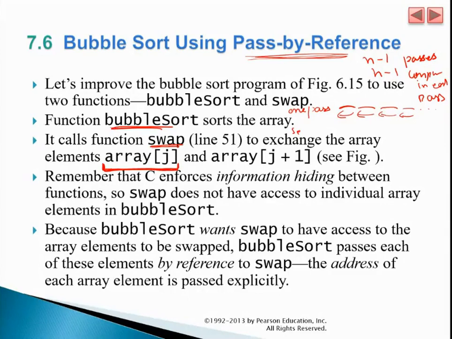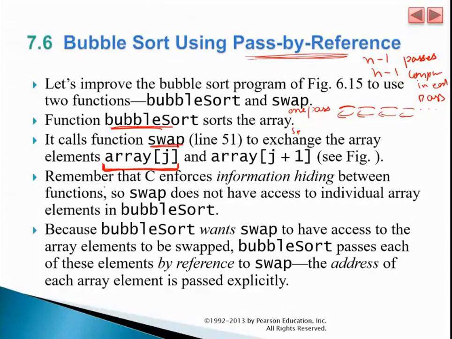Okay, this we have already seen, but just to revise: if we talk about one element, it is passed by value. But if you pass the entire array by array name or first index, it is passed by reference, right? Okay.